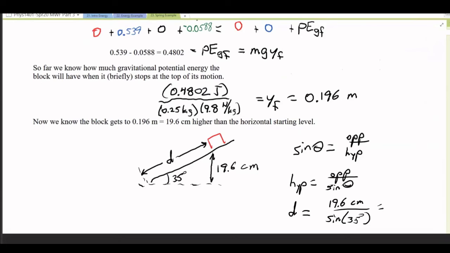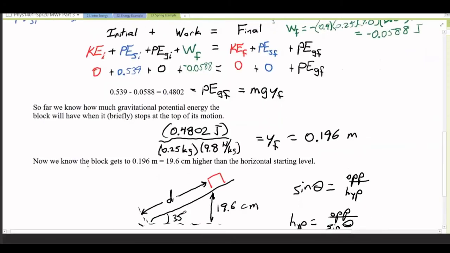So equals that over sine of that. So that's 34.2 centimeters. That was my final answer.